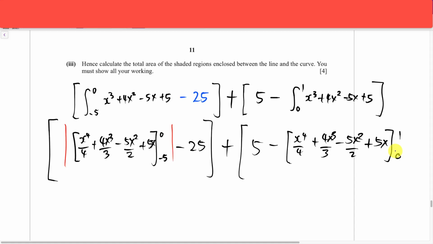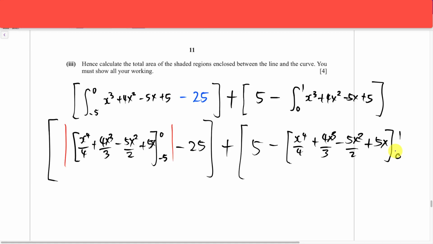So I will just type everything into my calculator. It's fine, I just type one more time. So this is -5, right? Just give me a few seconds.